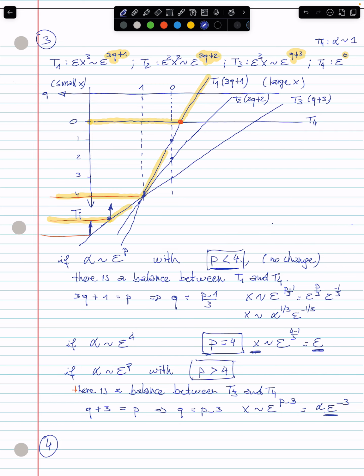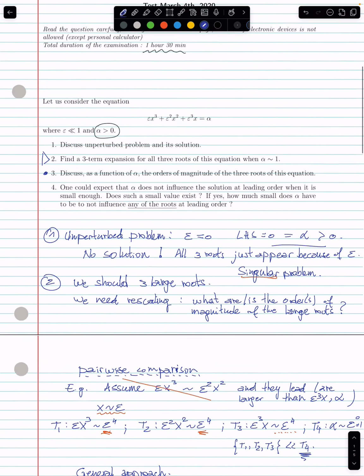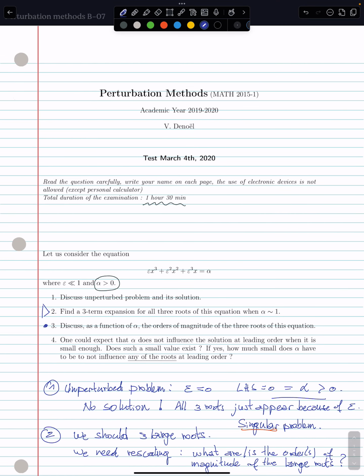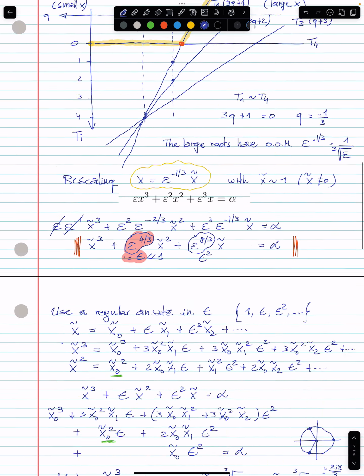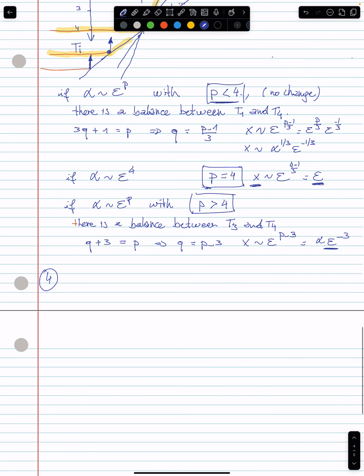And so the answer to question 4 is simply: one could expect that alpha does not influence the solution at leading order when it is small enough. Does such a small value exist? The answer is just no. So answer to question 4, no, such a small alpha does not exist.